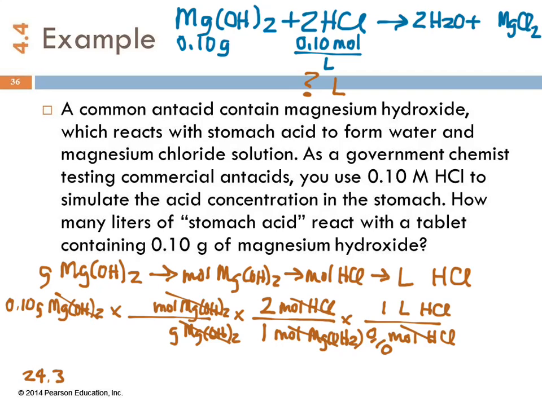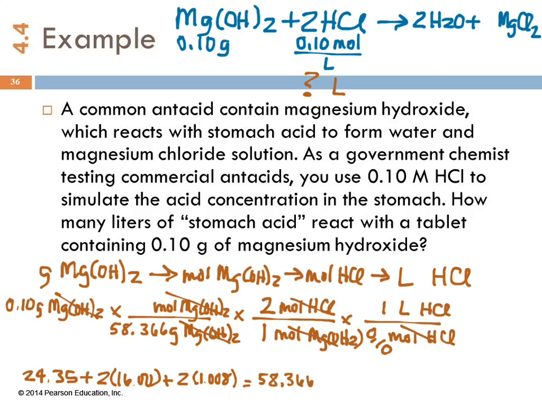Yeah. 1 of those. 2 oxygens. 2 hydrogens. 58.366. So that goes in over here. 58.366.